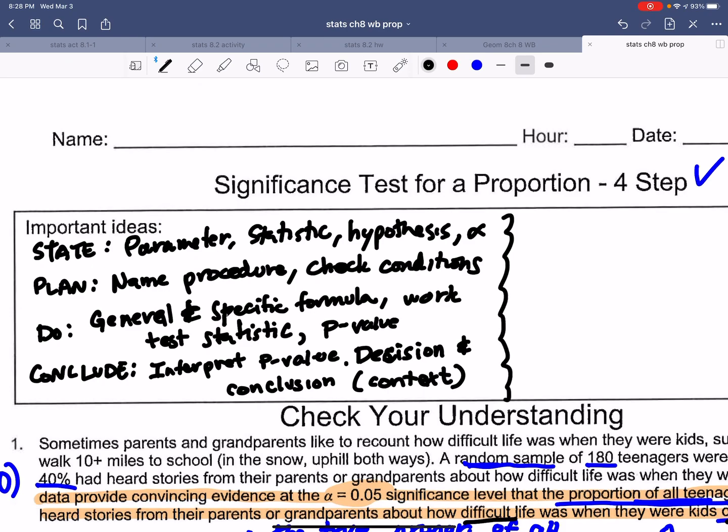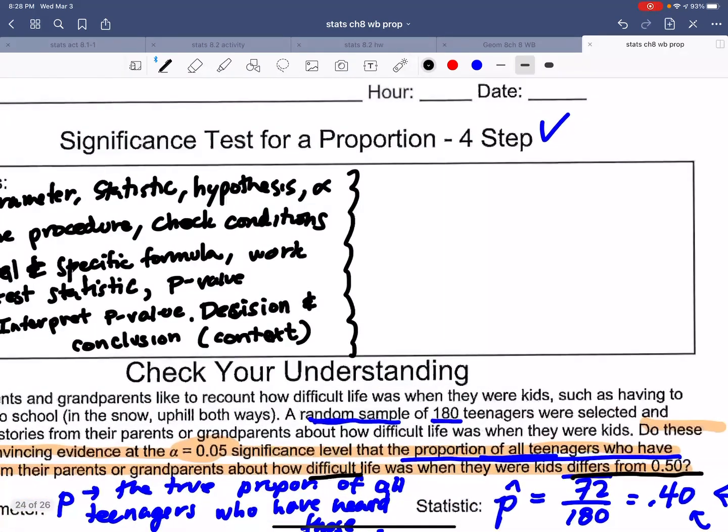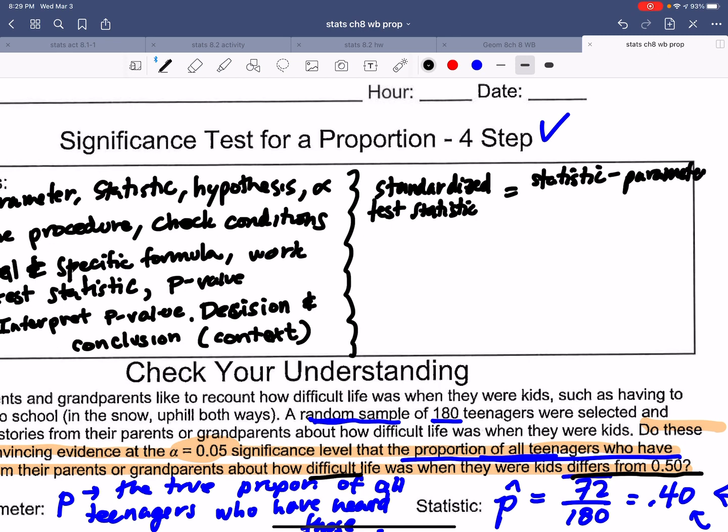So the other thing that you maybe saw that was a little bit different in the one we just did is this was two-sided. You're going to see time and again that our general formula for the standardized test statistic is equal to the statistic minus our parameter, all over our standard deviation.